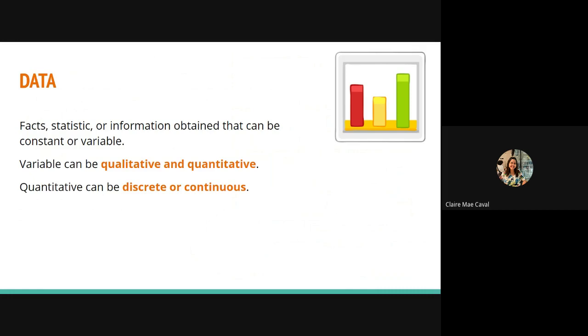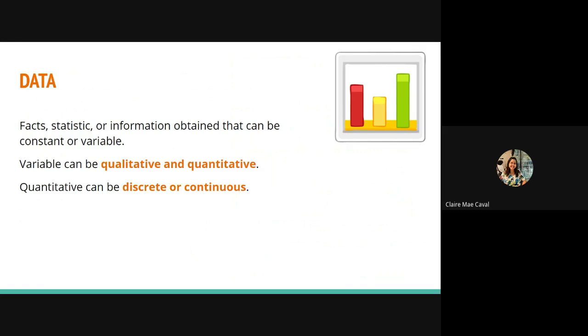Variable can be qualitative and quantitative. When you say qualitative, this cannot be measured. These are only descriptive values, while quantitative can be measured or refers to numerical responses or values. Quantitative, furthermore, can be a discrete quantitative variable or a continuous quantitative variable.